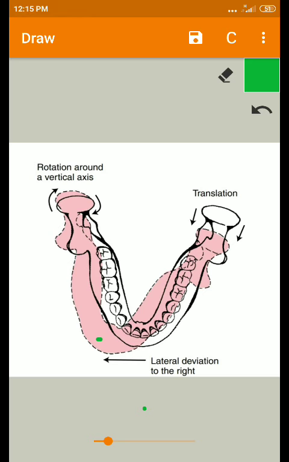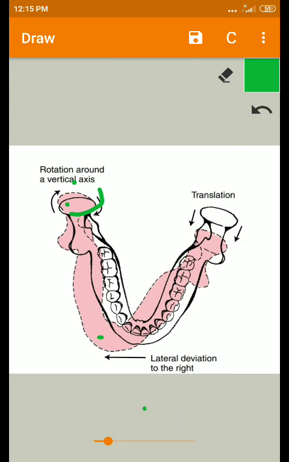So the right side deviation includes the right side condyle spinning in the mandibular fossa, whereas the left side condyle is translating or gliding forward.